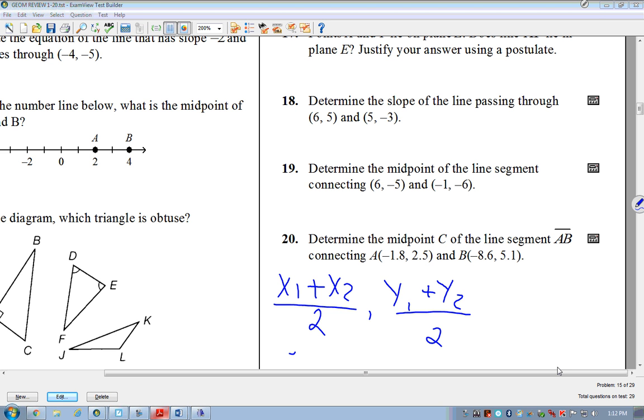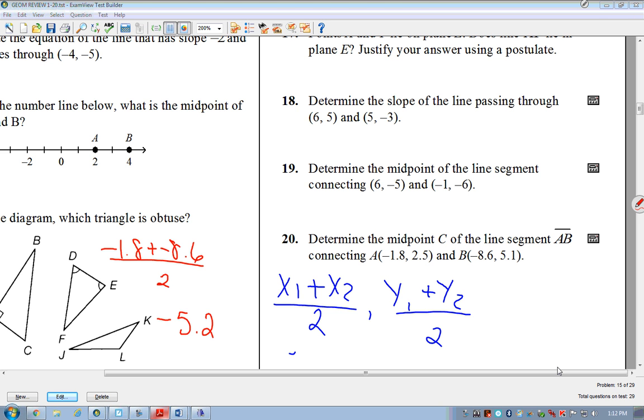So at this point, we want to substitute in. What's x sub 1? Negative 1.8. What's x sub 2? Plus negative 8.6. So we'll add that up and divide by 2. That's going to be like negative 10.4. Negative 10.4 divided by 2 should be negative 5.2.